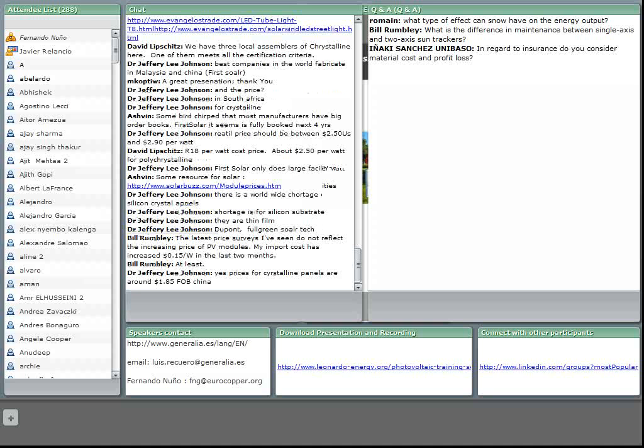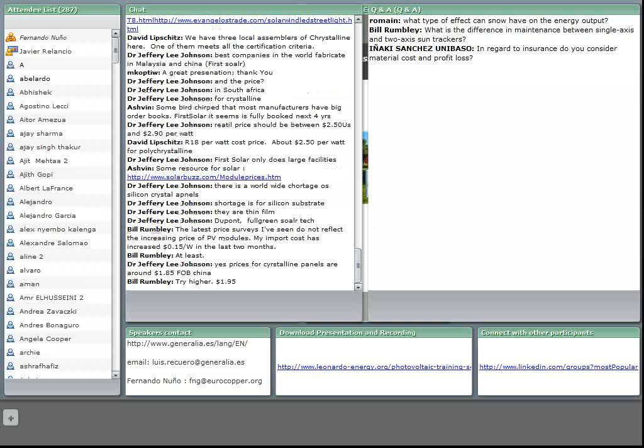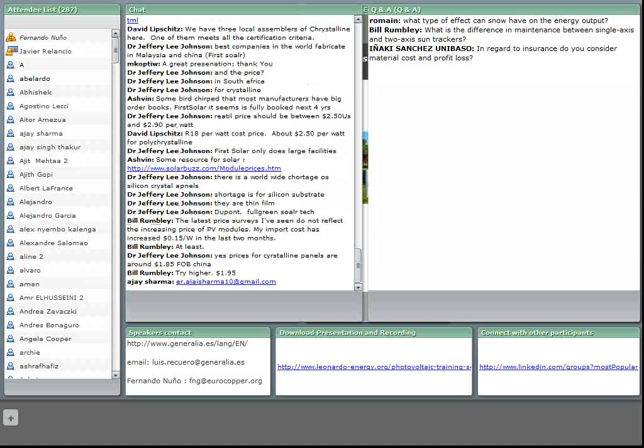So the insurance might be more expensive, but sometimes it can be profitable for us. It depends a little bit on the insurance negotiation that we can get, and also on the risks that we expect for our sun trackers or for our solar facility to fail.